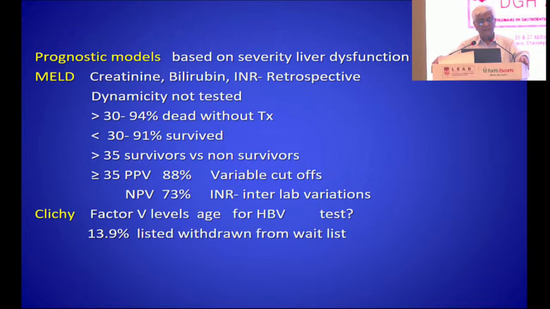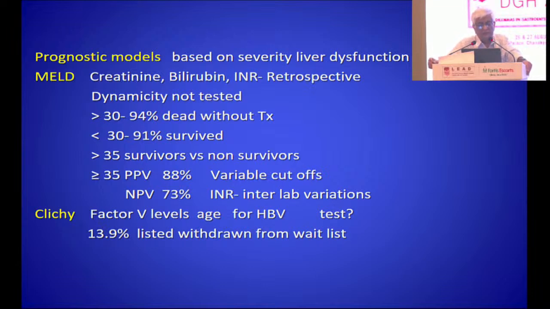One of the earlier studies showed that in patients with a MELD of more than 30, 94% died without a transplant, and with less than 30, 91% survived. Later on, studies say that 35 is a cutoff between survivors and non-survivors, and this value has been studied: positive predictive value is 88%, negative is 73%.